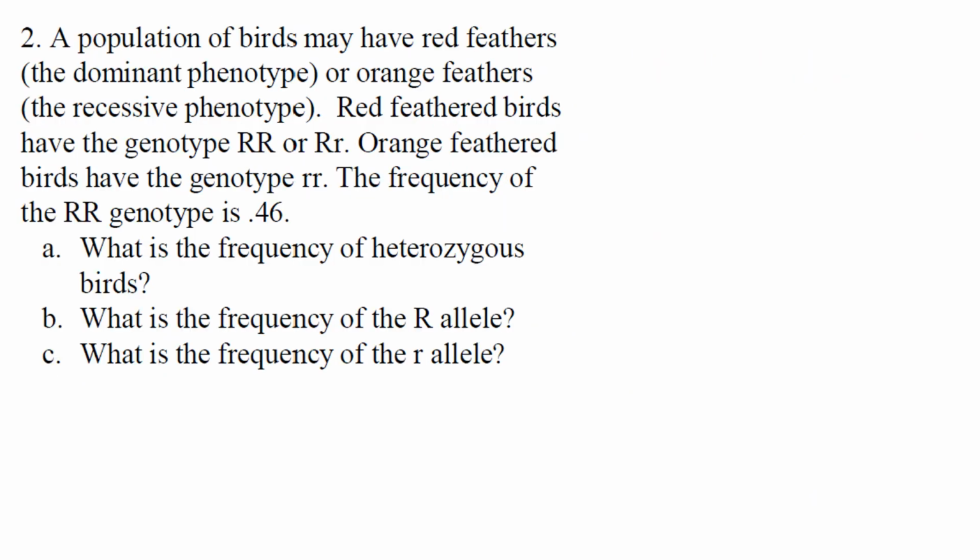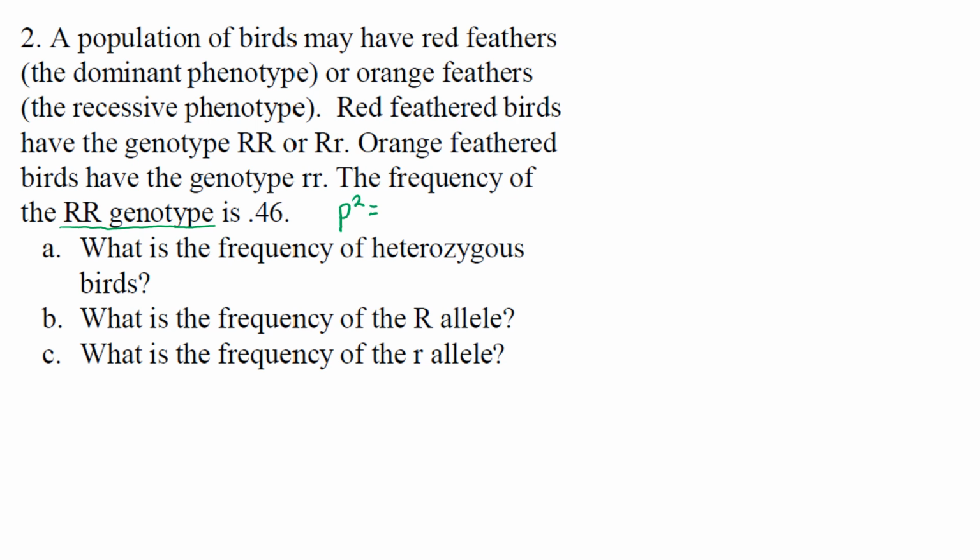Let's work one last one. A population of birds may have red feathers, the dominant phenotype, or orange feathers, the recessive phenotype. The red feather birds have the genotype of capital R capital R, or capital R lowercase r. Orange feathered birds have the genotype lowercase r lowercase r. The frequency of the homozygous dominant is given, and I have a genotype number. So this right here is my homozygous frequency, so it is going to be my p squared.